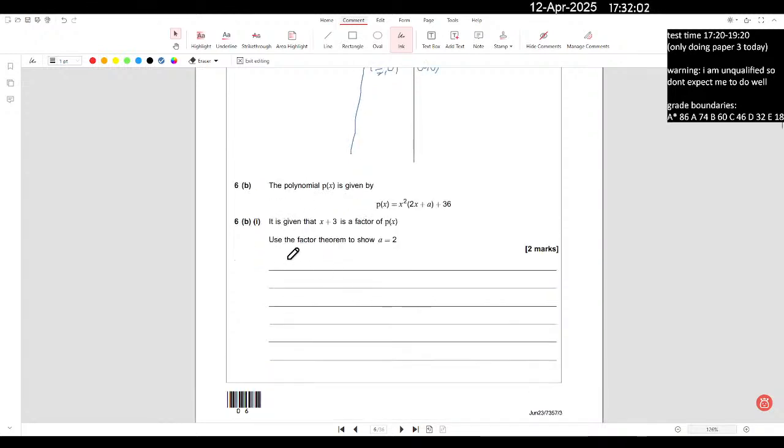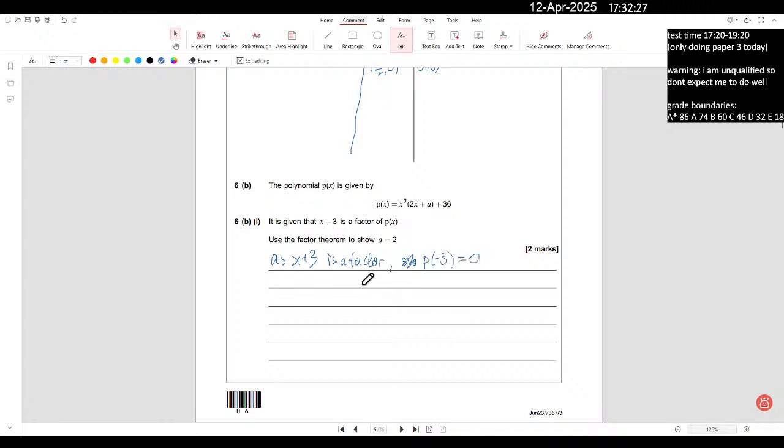Okay. Use the factor theorem to show a equals 2, as x plus 3 is a factor. That means we just substitute x equals negative 3. P of negative 3 equals 0.